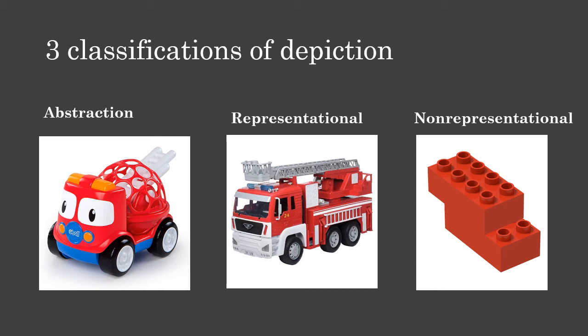And the overall idea of depiction is under the umbrella term of reductive images, if that is interesting to anybody when you're categorizing what we're talking about in the context of design. Reductive images. All right, so three main classifications of depiction: representational, abstraction, non-representational.